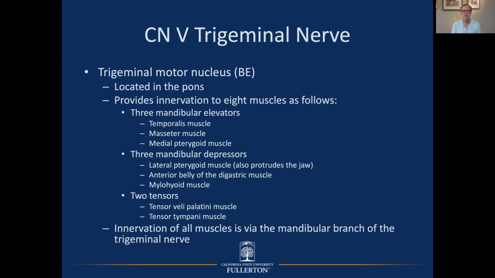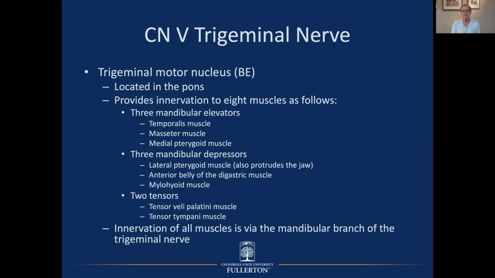And SLPs potentially could test the tensor veli palatini. It participates in VP closure, but I don't know how they would do it because it's one muscle with a whole bunch of other muscles that act in concert with it. So it's really not possible to tease that one muscle out and test it differentially.